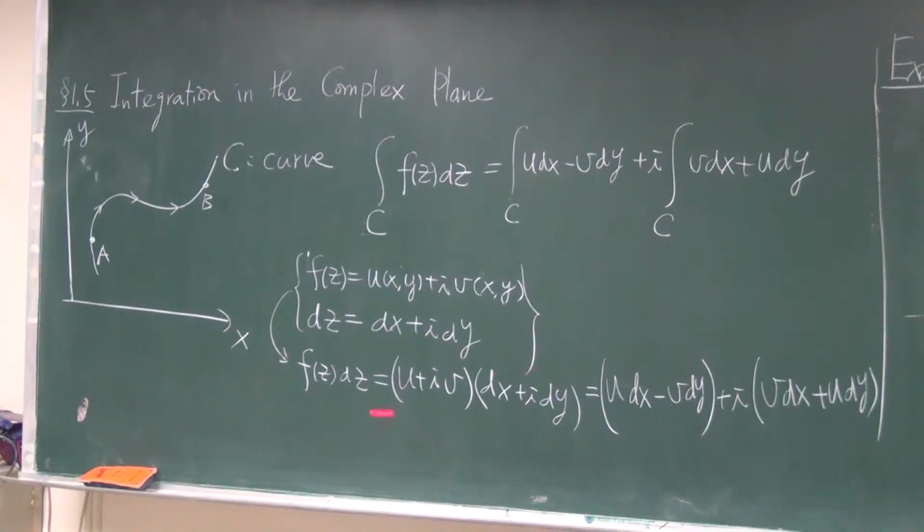Then we put this expression back to here, and we find that this integration along a curve C can be expressed as a real part and an imaginary part. We will talk about this expression later, but before this, let us look at a concrete example.